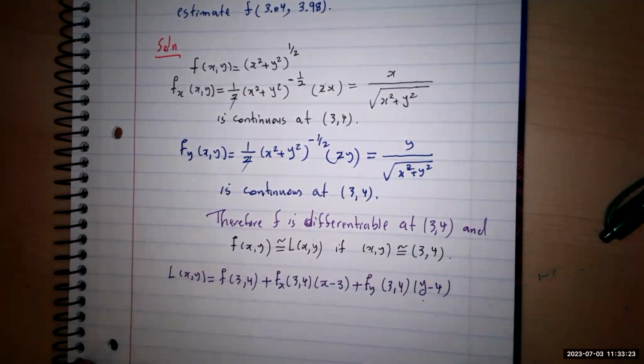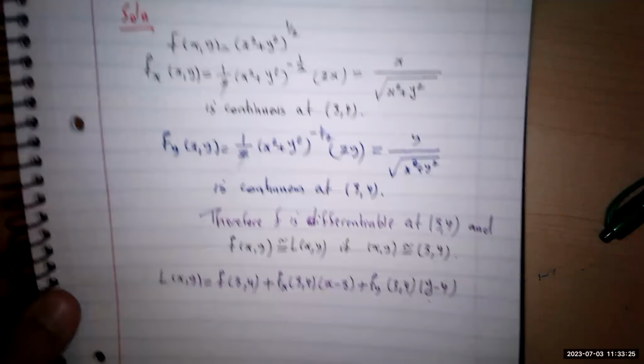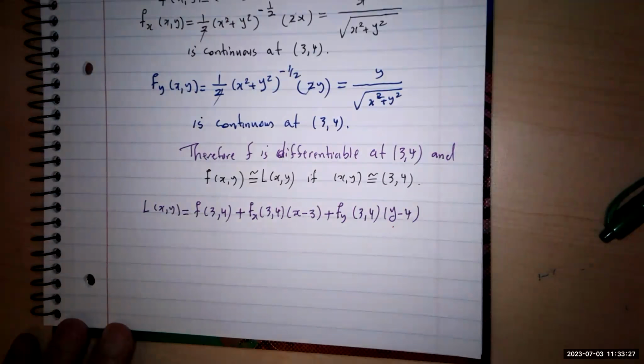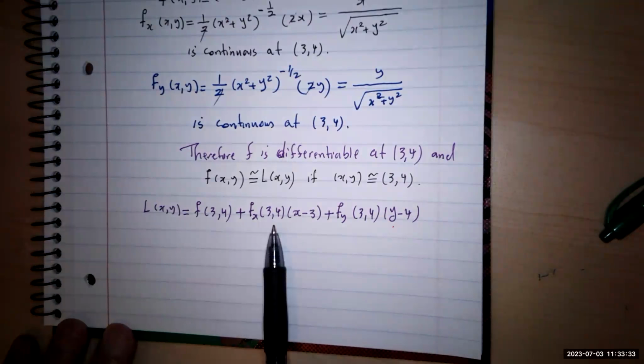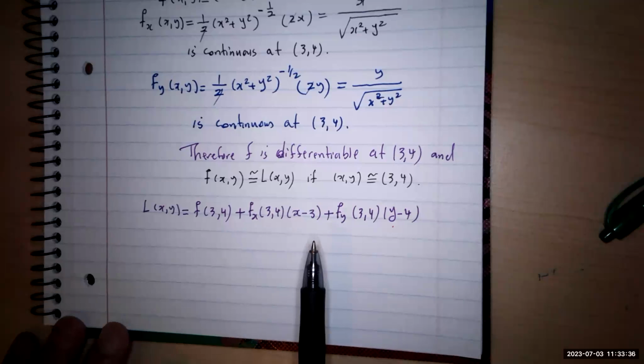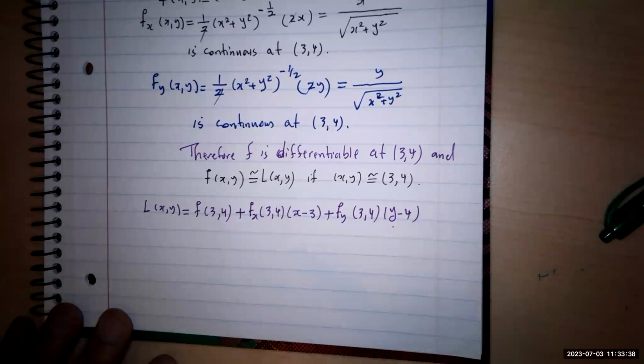This is going to be your linearization at that point. Any question? So you have to find this and bring it back. When you get the partials, you can find their values at 3, 4, then come back, write it, and that would be the estimation.